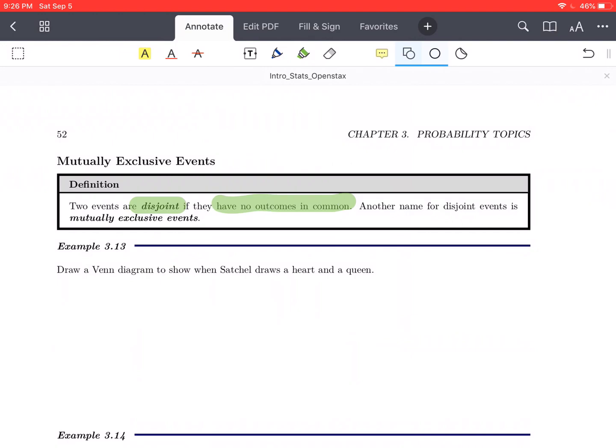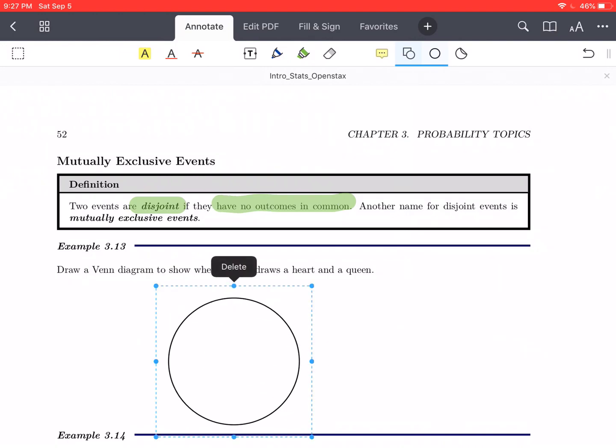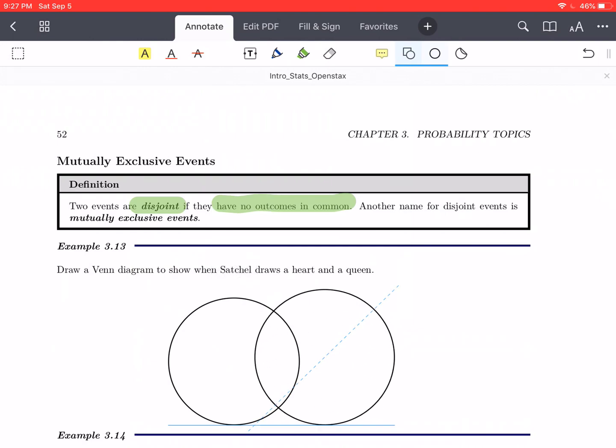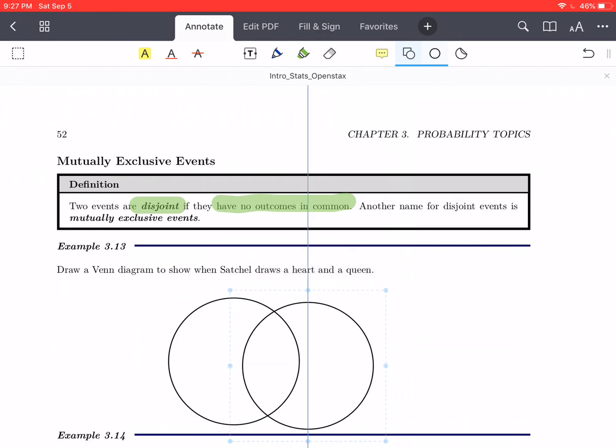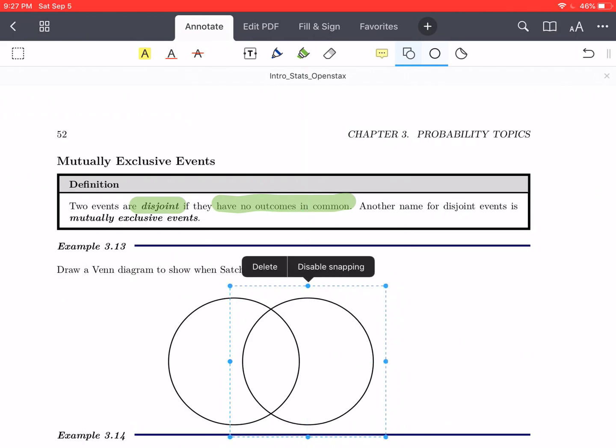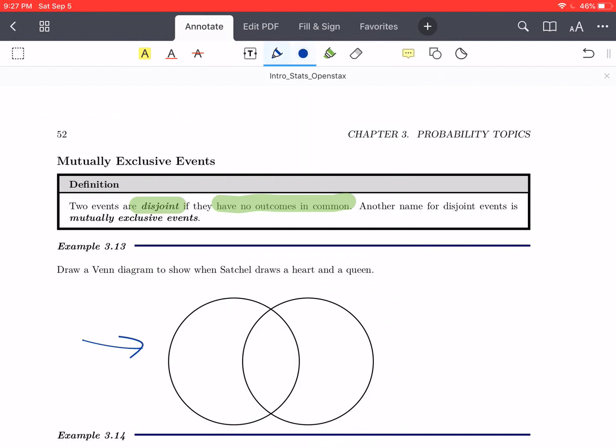So draw a Venn diagram. A Venn diagram, if you're a bit rusty, looks like this, where you have a couple of circles. Oops, mine's a little big. There we go. A couple of circles, and one of them represents one component, one of them represents the other component, and then the middle, that overlap, is where we have any shared values.